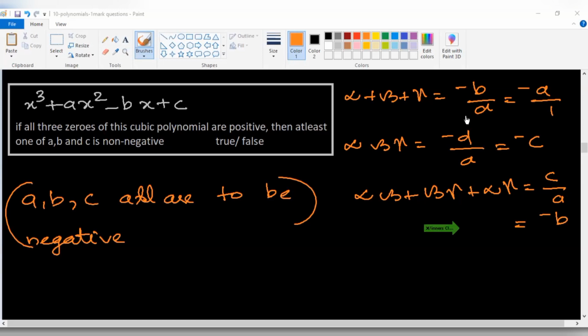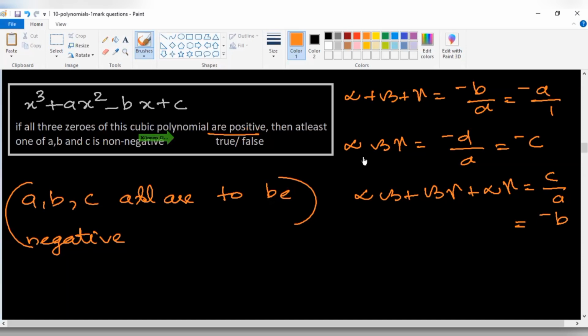So minus b by a will automatically become minus a by 1, that is negative a. Alpha, beta, gamma, all the three are positive, as given in the question. So in order to make it positive, a should be negative. Otherwise, this won't be positive, right? So a is negative.